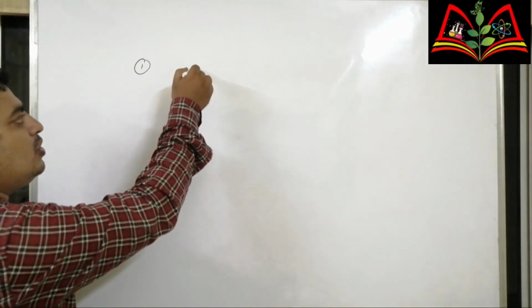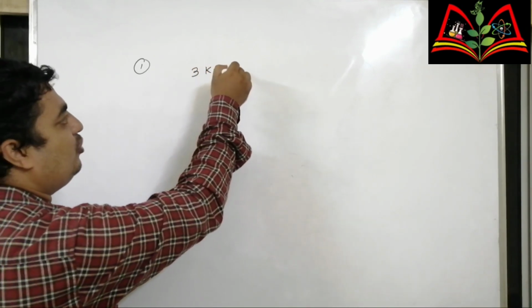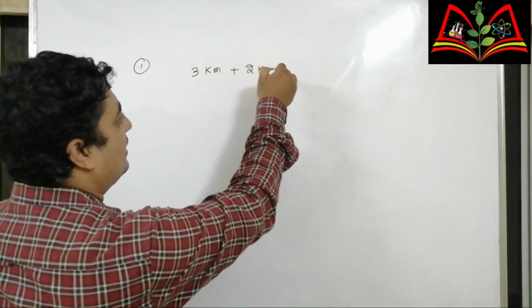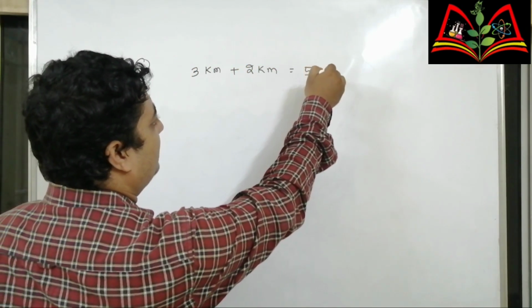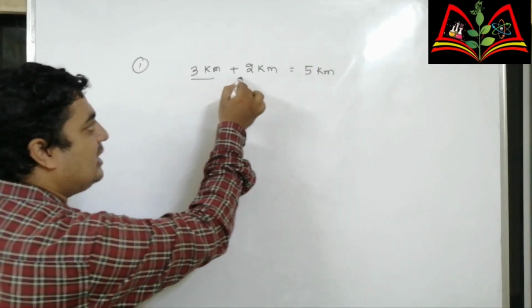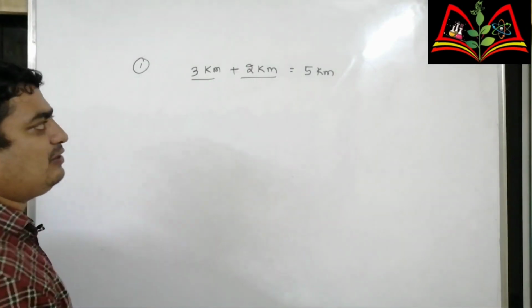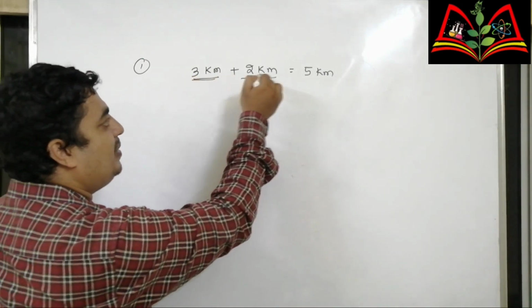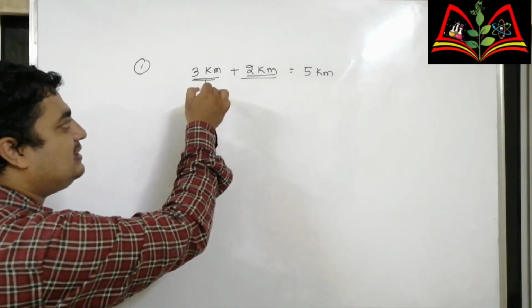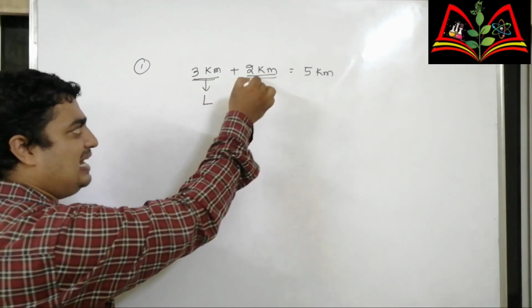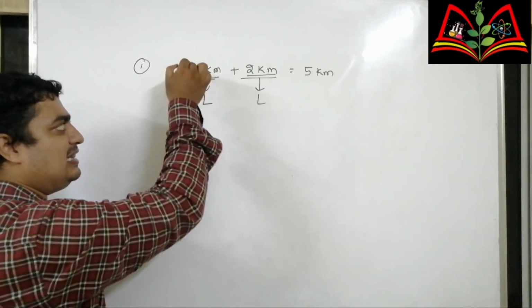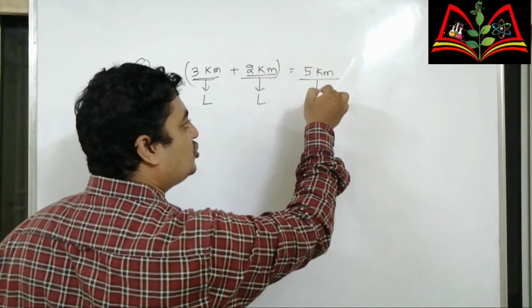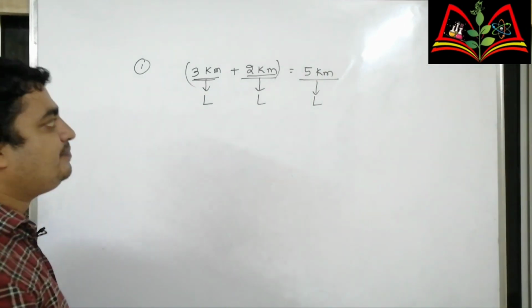For example, I can add 3 kilometer with 2 kilometer, then I will get 5 kilometer. Now here we are adding two physical quantities, 3 kilometer and 2 kilometer. This represents length, this represents length, so the result also represents length.